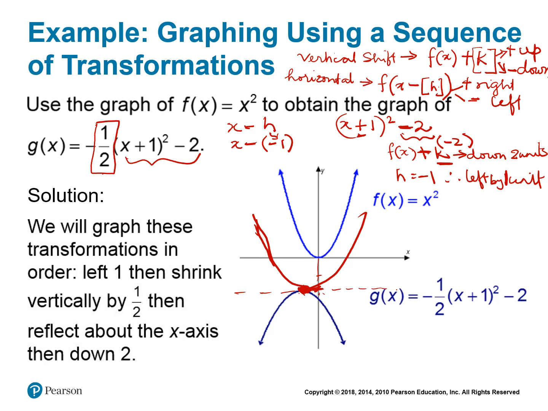So what is going to happen is this red graph is going to be a downturned graph, in other words. This negative sign in a parabola makes it a downturned graph. All right, so that's the end result of the graph of this transformed function.